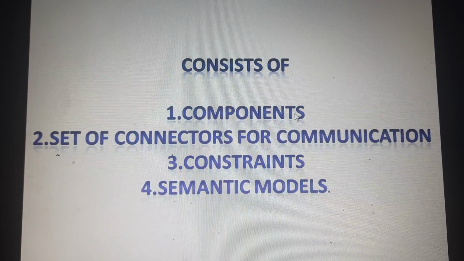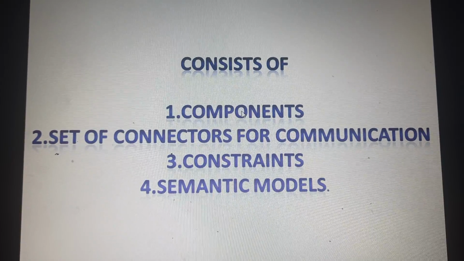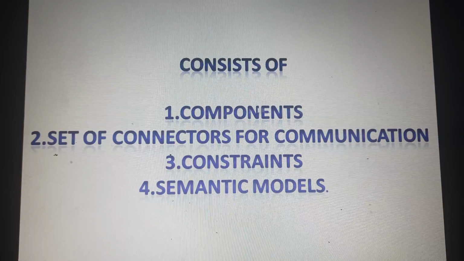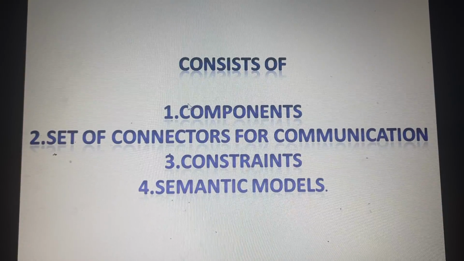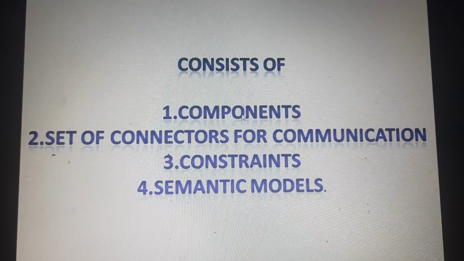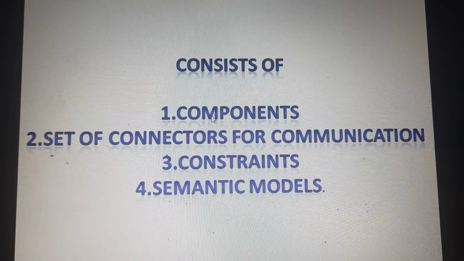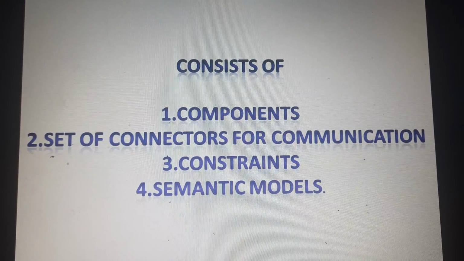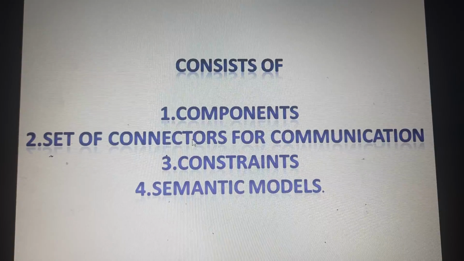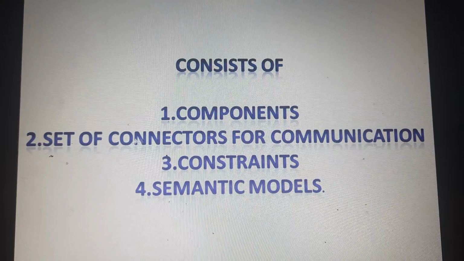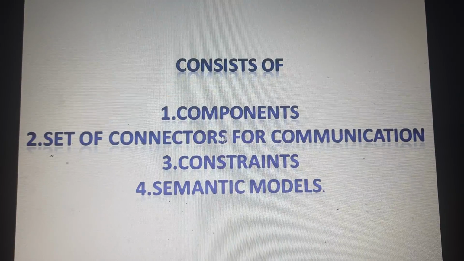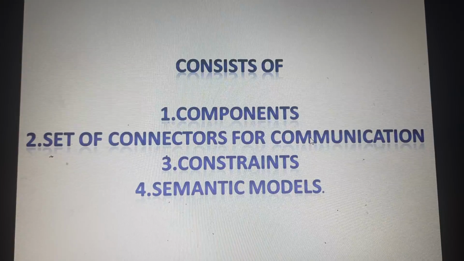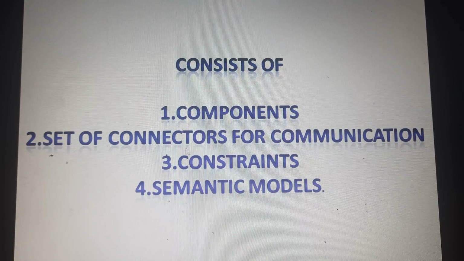There may be doors, cement, bricks, windows, tiles. So if you want to build anything, what is the first thing you require? Components. Example of a house you can consider. Then a set of connectors for communication.